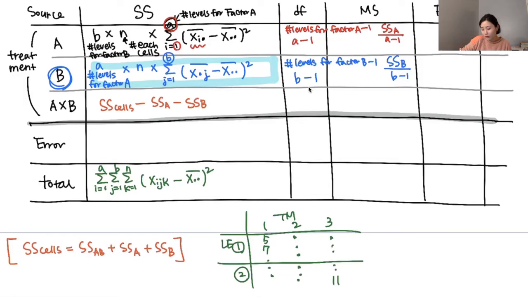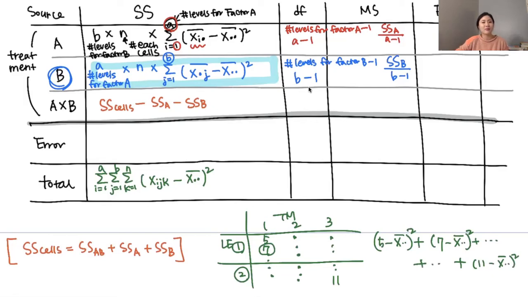We need to calculate 5 minus grand mean squared plus the next observation, 7 minus grand mean squared, plus up to 11 minus grand mean squared. So we need the sum of squared differences between all observations and the grand mean.